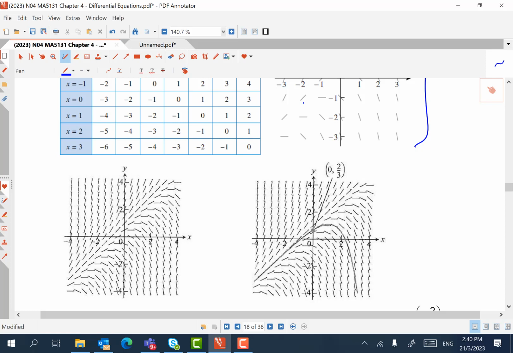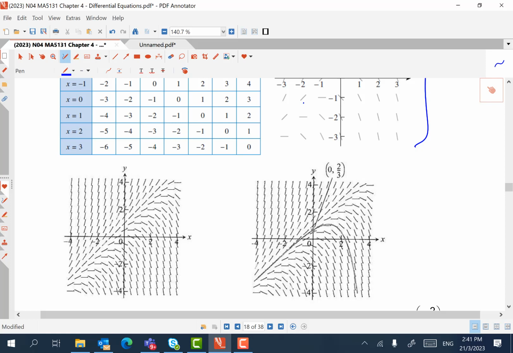When x is 1.2, y is 1.1. So if you were to plot this in finer quantum, then you get a so-called denser slope field.